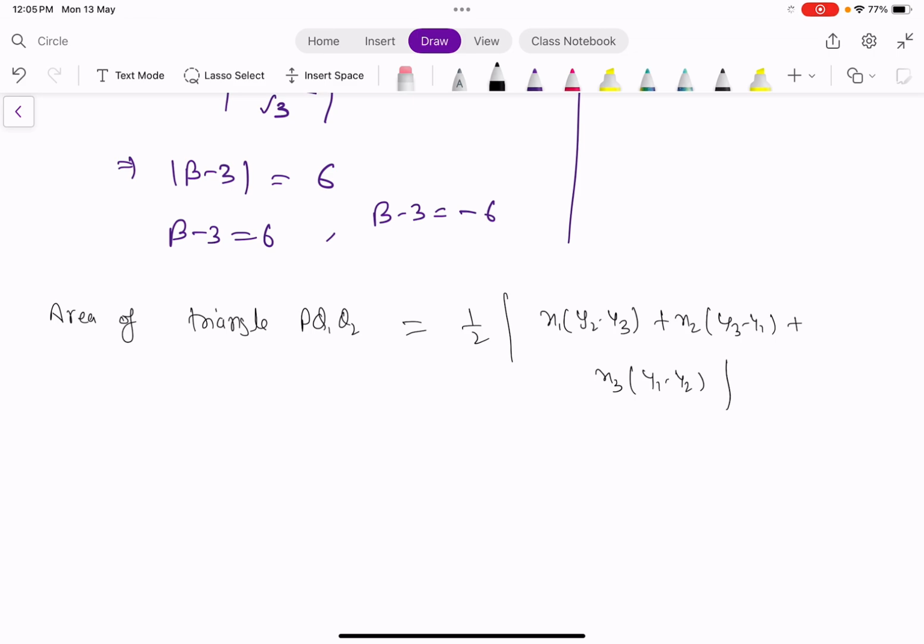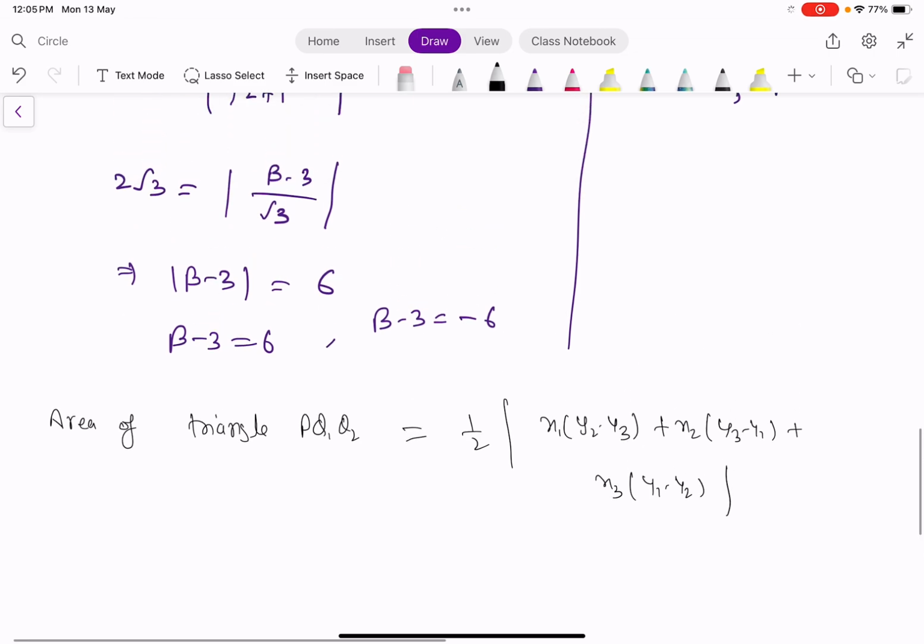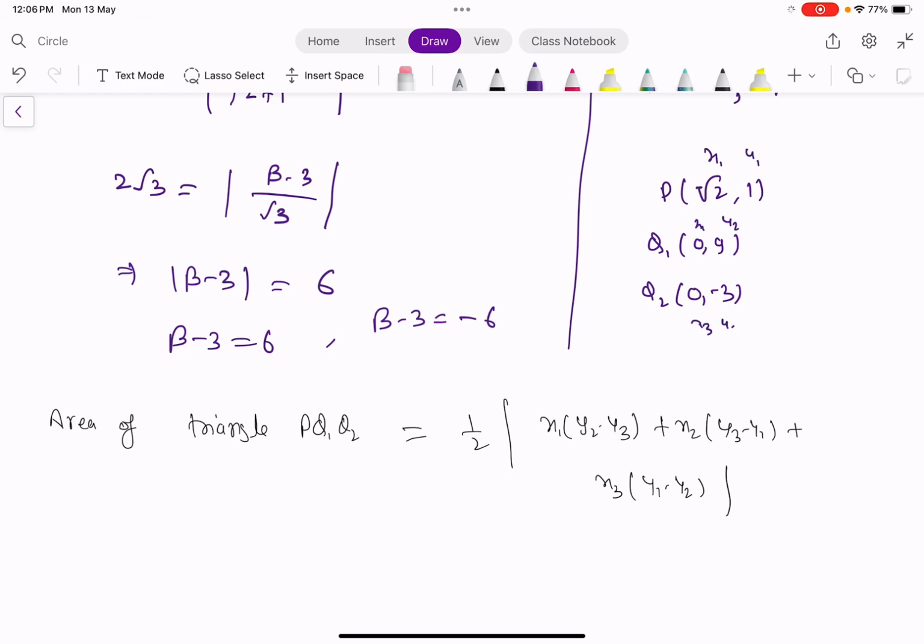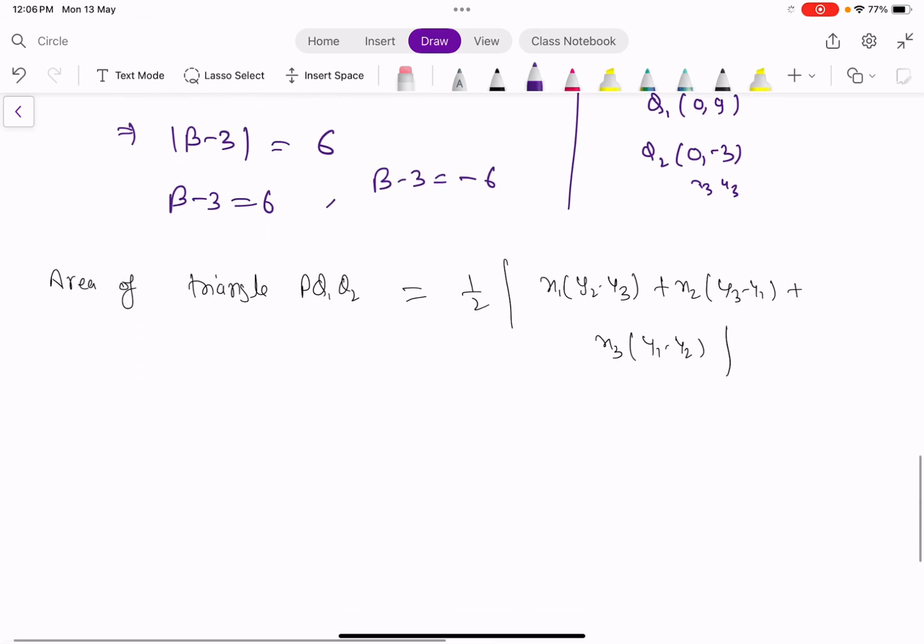This is the value we wanted to find out. We already have the 3 coordinates. P we have been given as (root 2, 1), Q1 as (0, 9), and Q2 as (0, minus 3). You can assume this is x1 y1, this is x2 y2, this is x3 y3. Now substitute those values here.